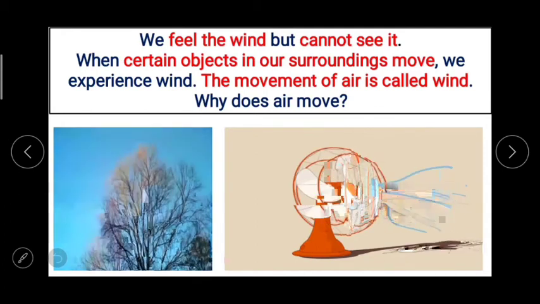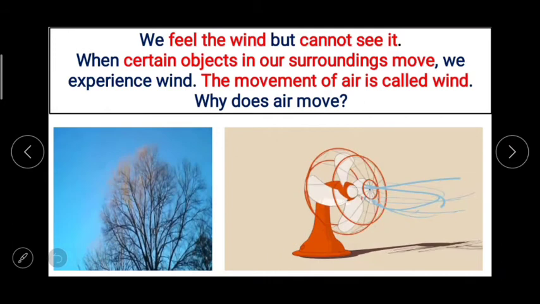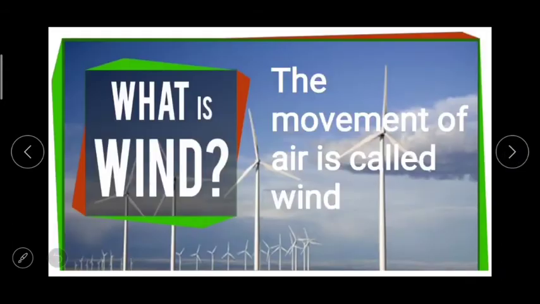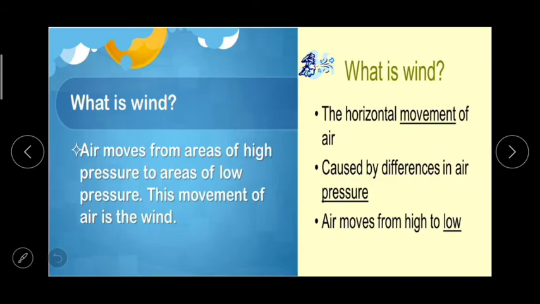Why does air move, and that we already learned in the topic air pressure. The movement of air is called wind. Air moves from areas of high pressure to areas of low pressure, and this movement of air is the wind.